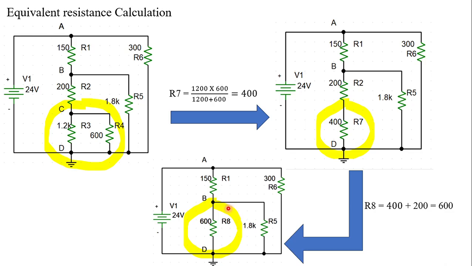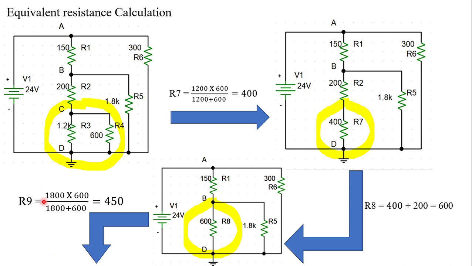Now after replacing, again I have noticed that 600 and 1800 are in parallel with each other. Now I will apply again the formula to reduce the parallel resistors into a single equivalent resistance. So that is like this: 1800 into 600 by 1800 plus 600.